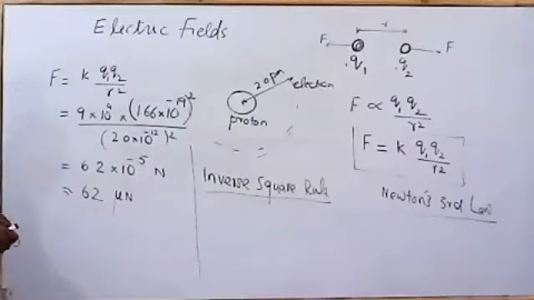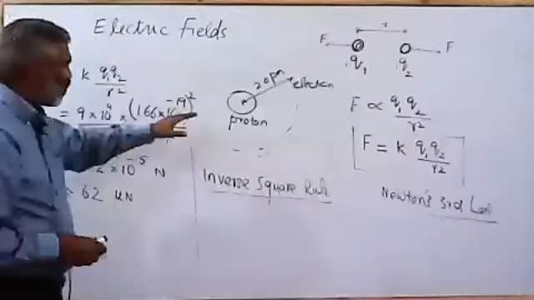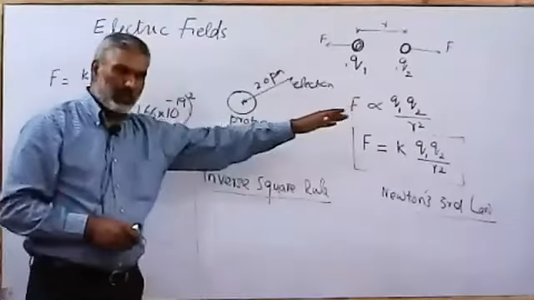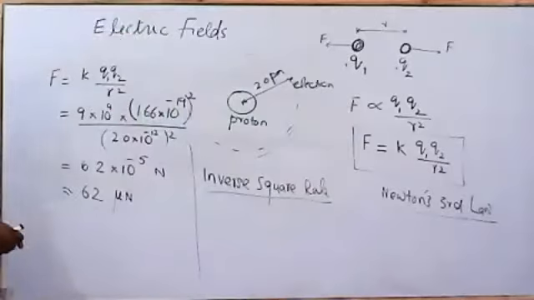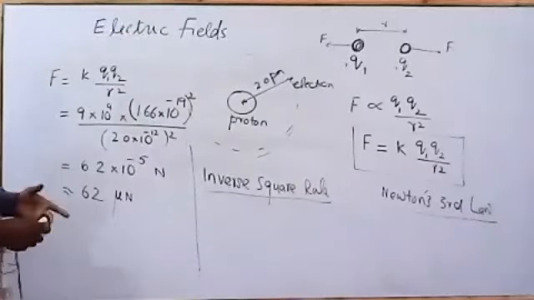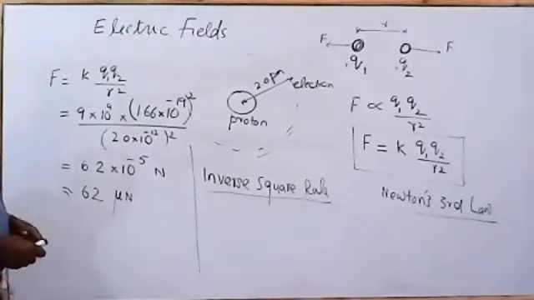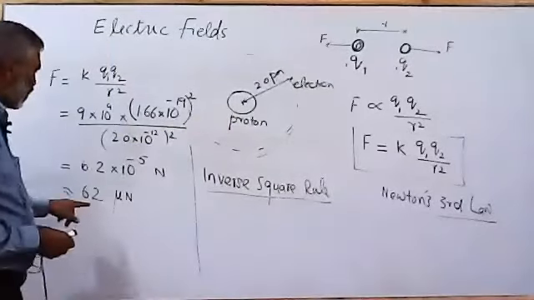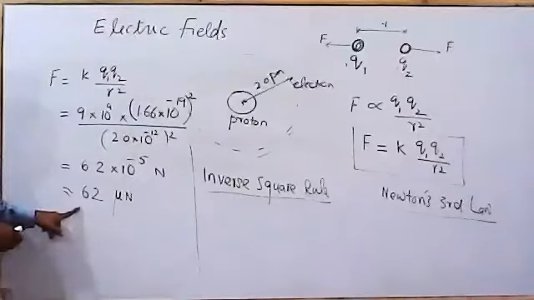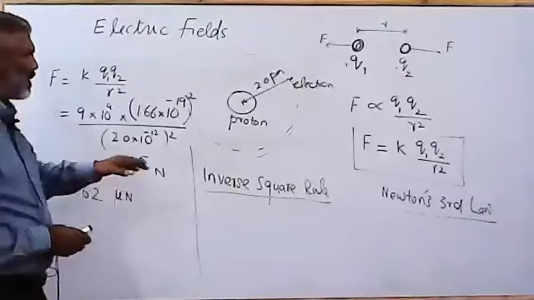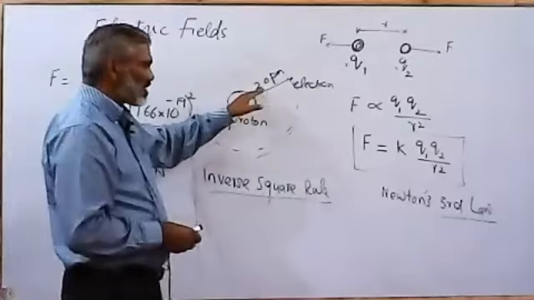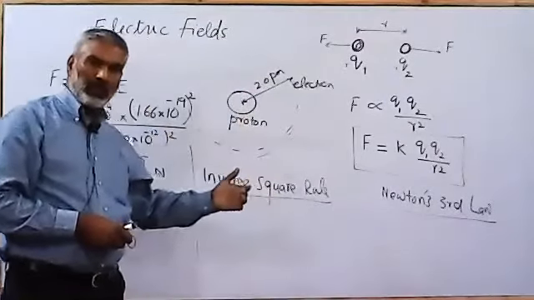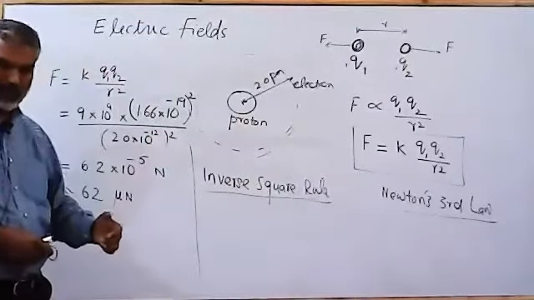If instead of 2 picometer, I make it 4 picometer, what is expected force between them? Without any calculation, we can guess that the force will reduce to 1/4 of this value. So by making this distance twice as much, the force will be reduced to 1/4 of its original value.